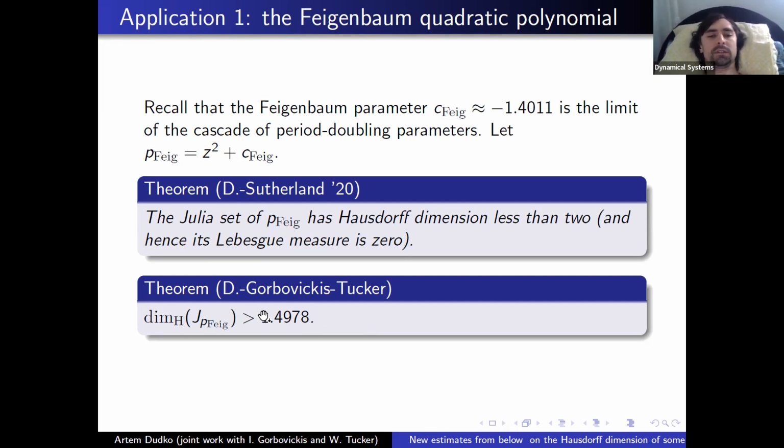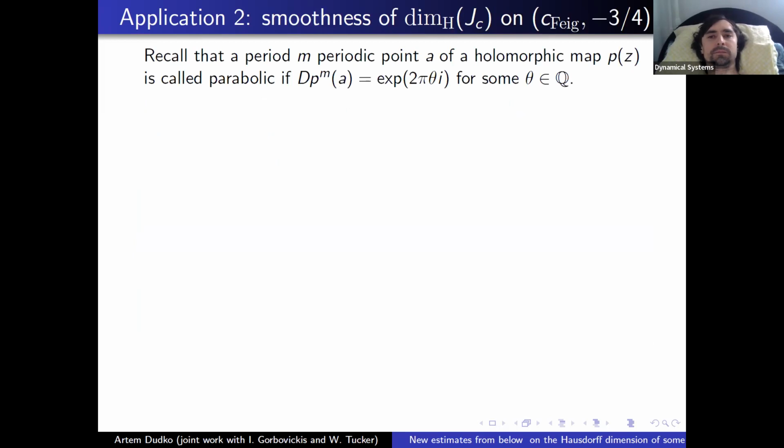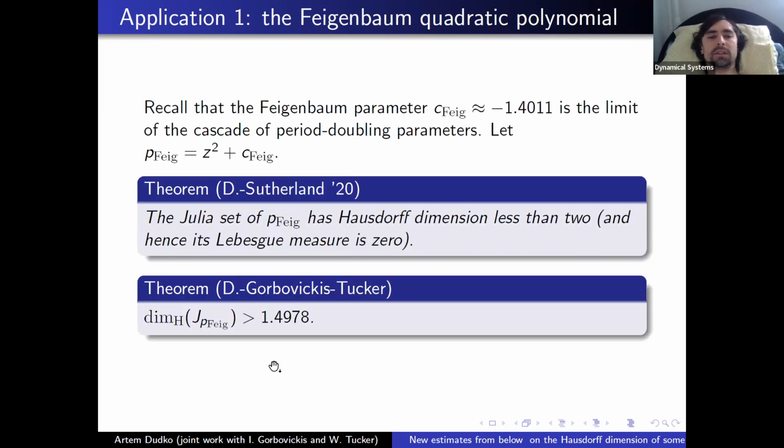Our result substantially improves this lower bound on the supremum of these Julia sets. And just a remark: to obtain this result, we had to take a Markov partition of level 28, so take 28 preimages of the initial two half disks.